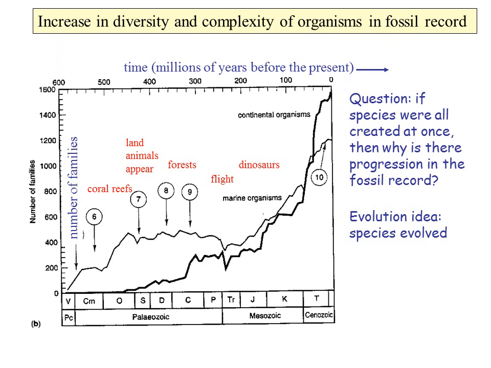We are looking here at a graph that shows us time on the x-axis, it's geological time, and on the y-axis we're looking at the number of families of organisms that are present in rock, in fossils that are in rocks from these different eras of geological time.